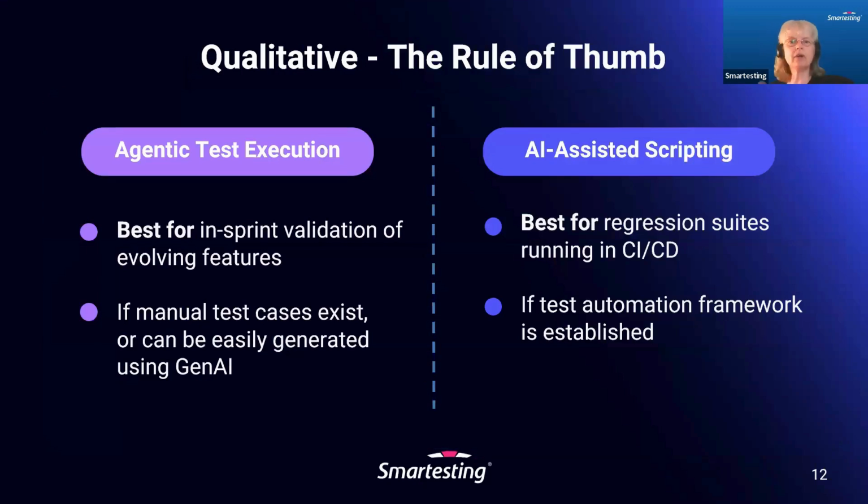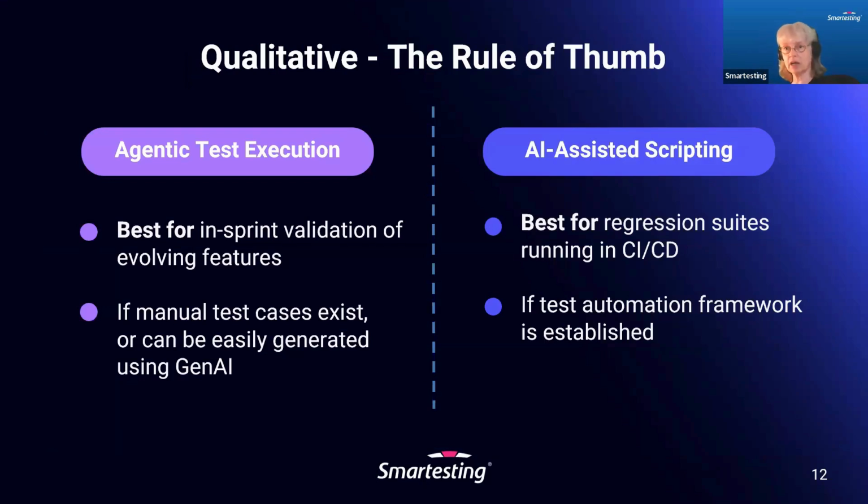So I have a rule of thumb, which is a qualitative decision. It's not a matrix, just a rule of thumb. AI-assisted scripting, I start with the right side, is best for regression test suites running in a CI/CD pipeline, because this is fully automated. You have the framework; suppose you have the test automation framework.